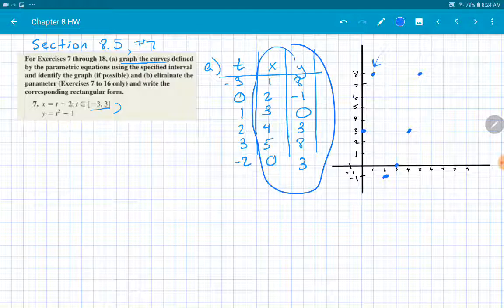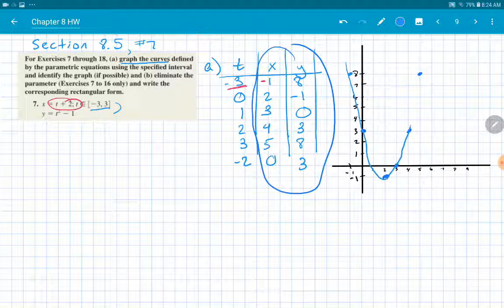I do have an error there, if you can see. I plugged in -3 for t, which would be -3 plus 2, which should have given me a -1. So that one should be over here. That looks better. Now that's starting to look like a parabola, a nice curvy shape, so it doesn't look like an absolute value. And there we go.